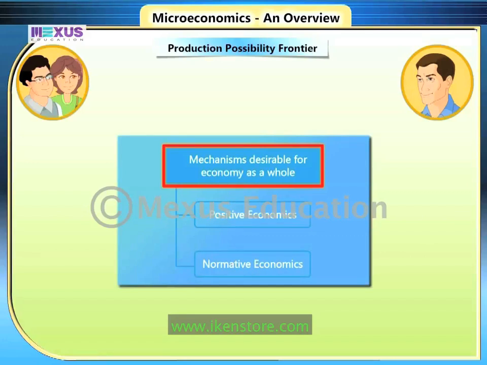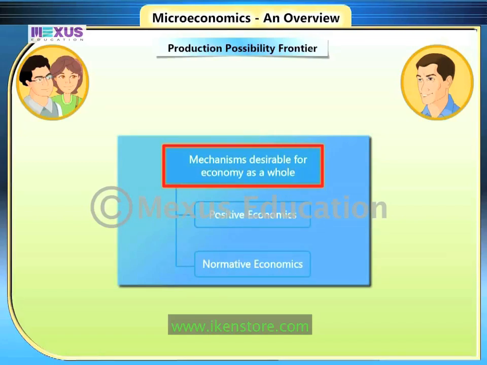In economics, we try to analyze the different mechanisms and figure out the outcomes which are likely to result under each of these mechanisms. We also try to evaluate the mechanisms by studying how desirable the outcomes resulting from them are.